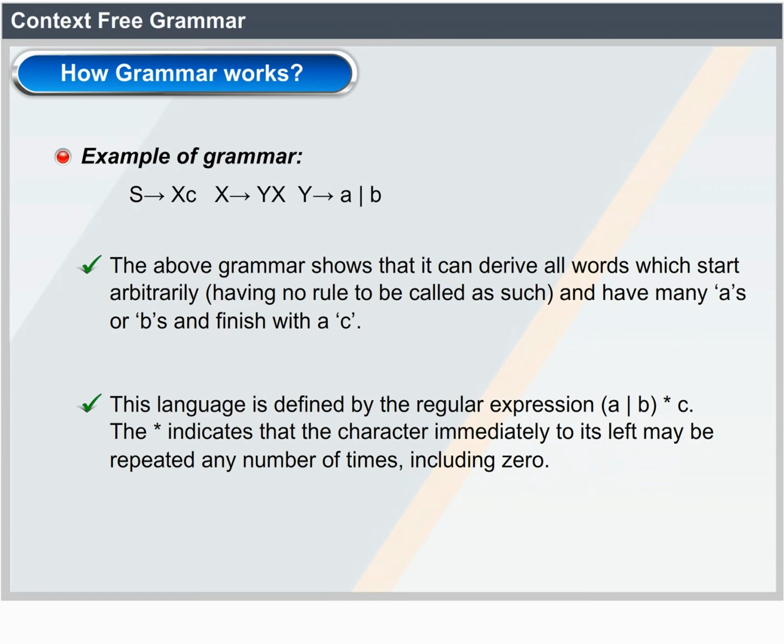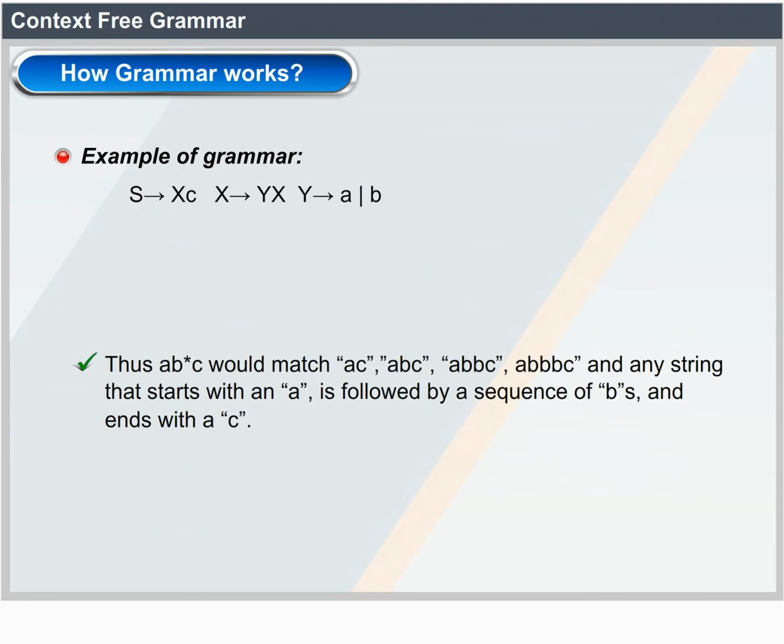The asterisk indicates that the character immediately to its left may be repeated any number of times, including 0. Thus, ab asterisk c would match ac, abc, abbc, abbbc, and any string that starts with an a, is followed by a sequence of b's and ends with a c.